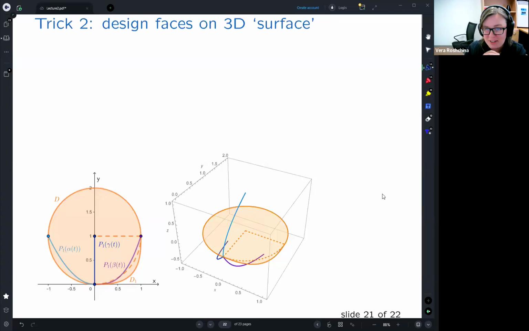Remember the question was to design two cones, each of which can be projected onto all of its faces, but if I take the intersection of those cones, then the property disappears. So one trick that we used is three-dimensional design. We can see things in 3 dimensions. We can use three-dimensional geometry.